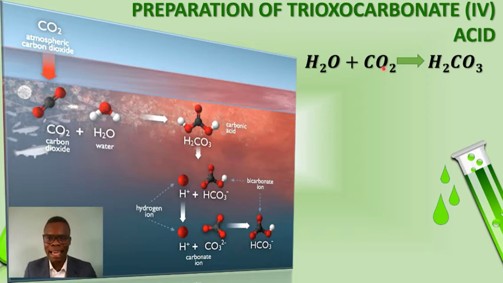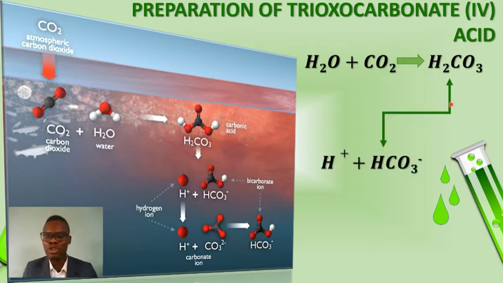But like all dibasic acids, the dissociation of this particular acid is usually in steps. It first of all dissociates to form a hydrogen ion and a hydrogen trioxocarbonate 4 ion. Now the dissociation does not stop there, because here you are going to have a negative radical that still has somewhat acidic property because of the presence of this hydrogen ion in that radical.